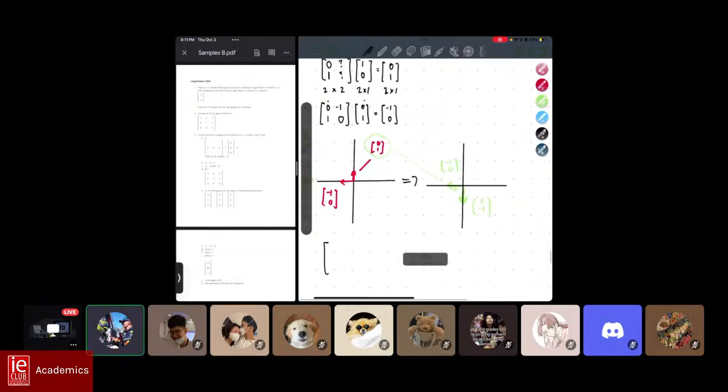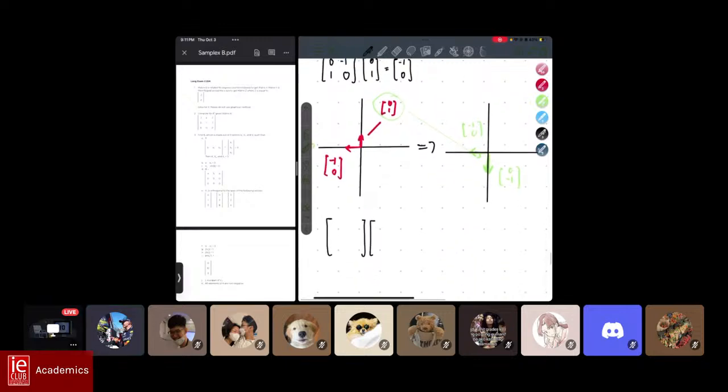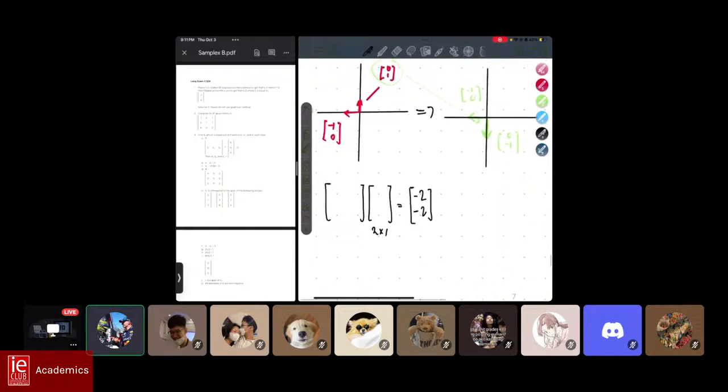So, again, let's just leave this blank and then leave this blank. Pero alam natin this is 2 by 1. Alam din natin na this is negative 2, negative 2. Yun yung given. So, this is 2 by 1 din.